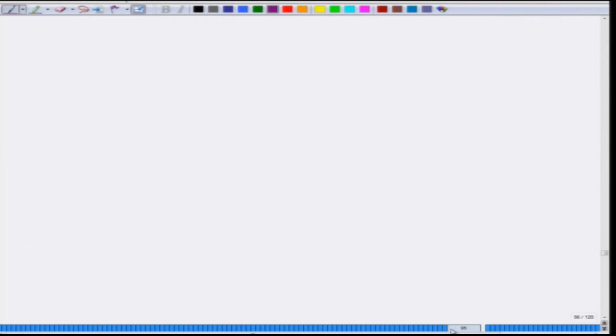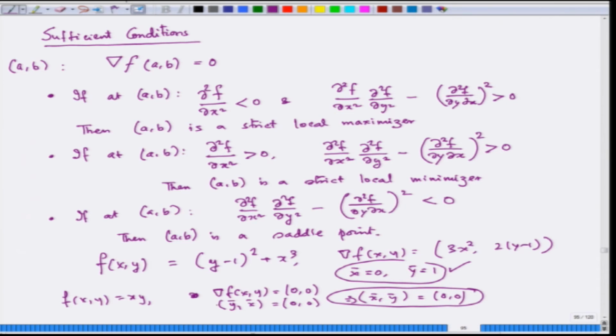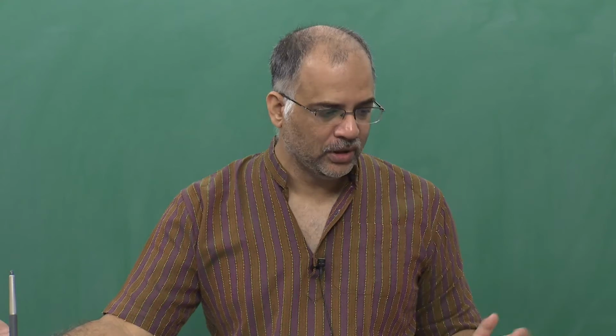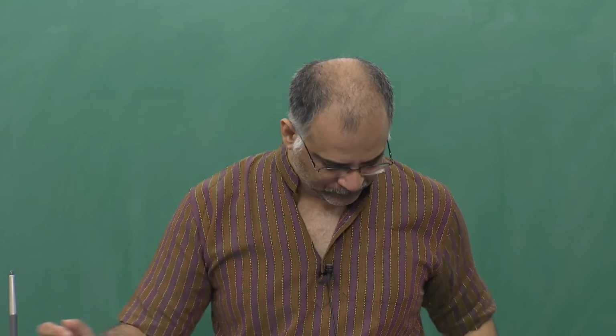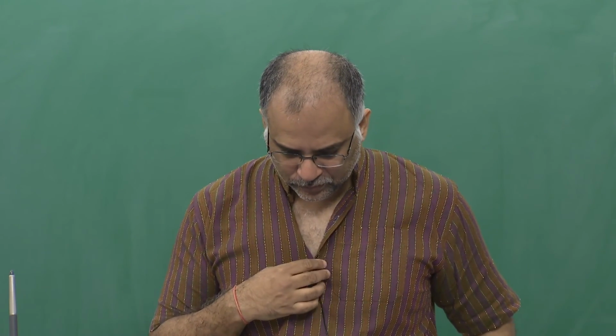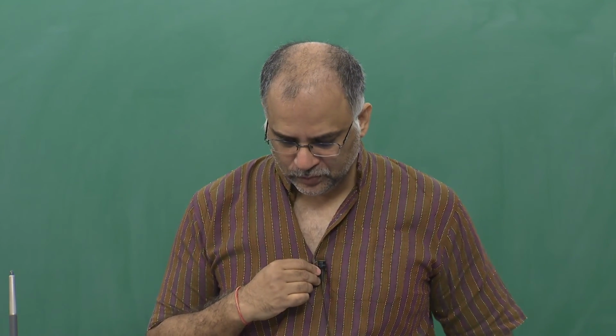Here again you have to concentrate on the example I have given, where the only critical point is neither a saddle point nor a global or local maximum. So we would end it here, and thank you very much.